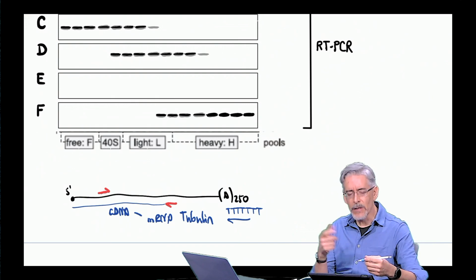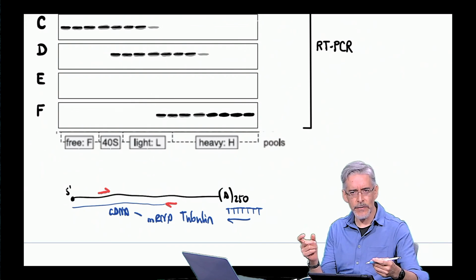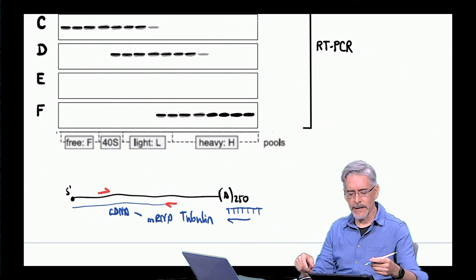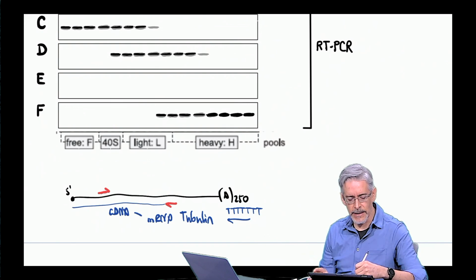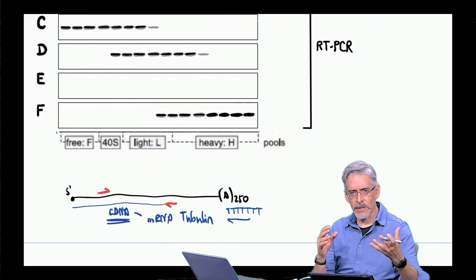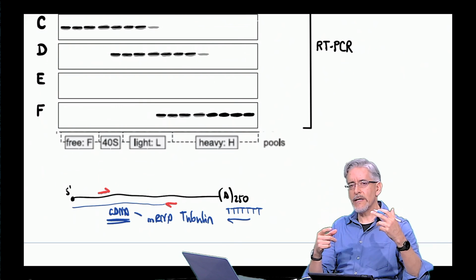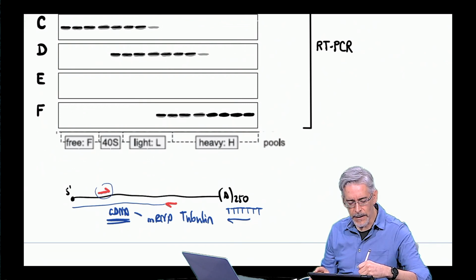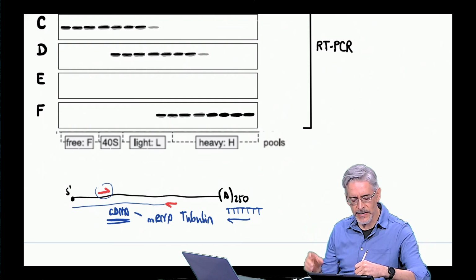But most of the time people will actually choose a primer that is specific to their target, in this case tubulin. That will allow you to have a cDNA molecule that corresponds to the tubulin transcript, and then you will use another primer to amplify that cDNA.